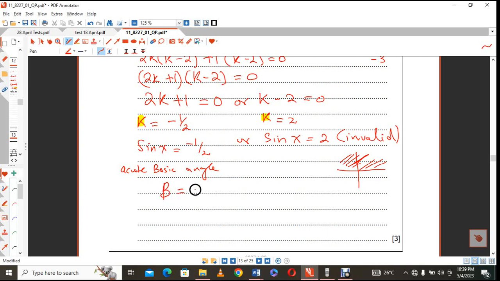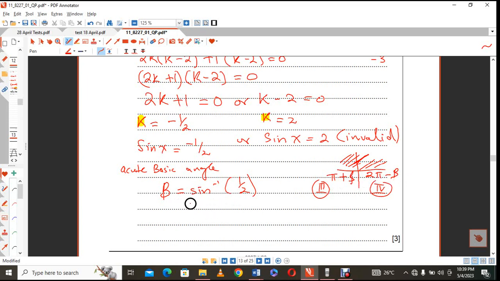That is going to be the inverse sine of 1/2. Remember, here it must be positive. And if I'm looking for the solutions in the third quadrant and in the fourth quadrant, in the third quadrant it will be pi plus beta. In the fourth quadrant it will be 2 pi minus beta.